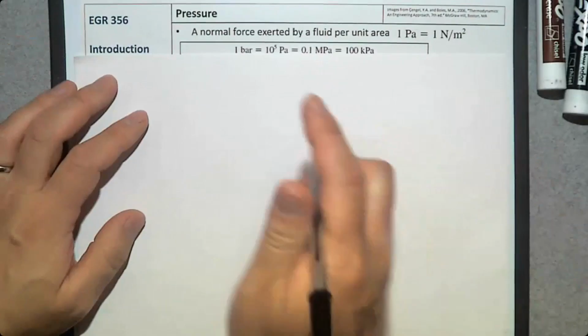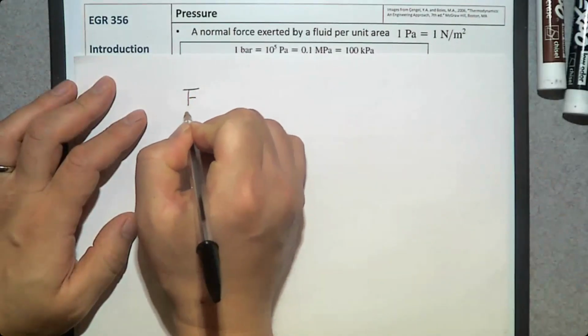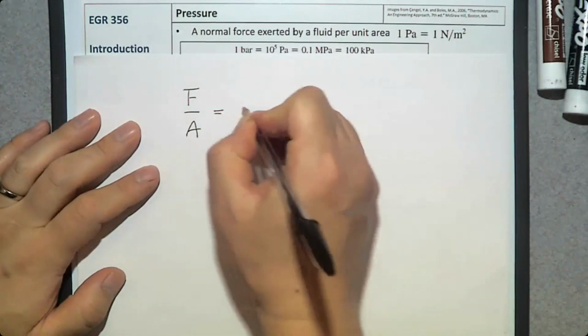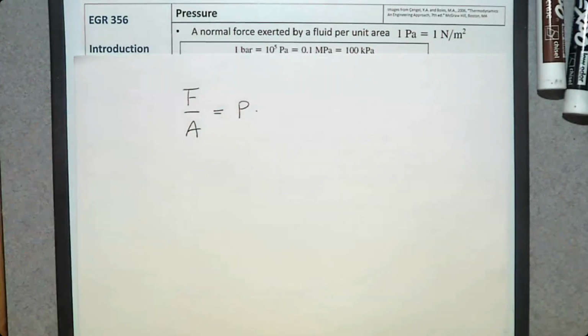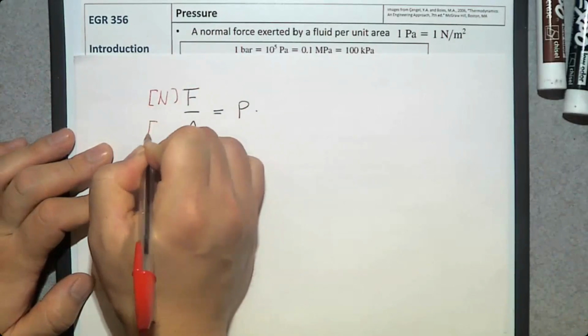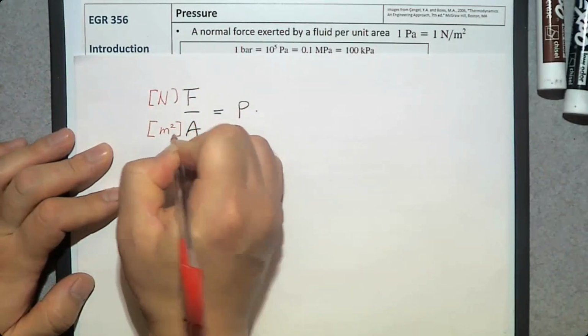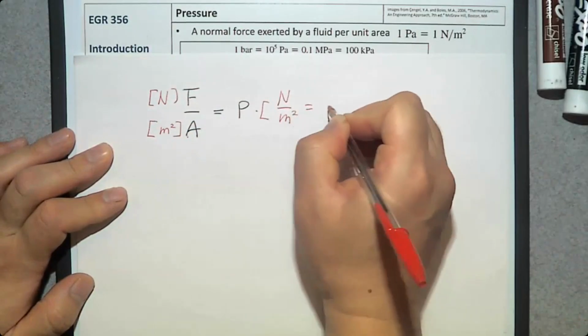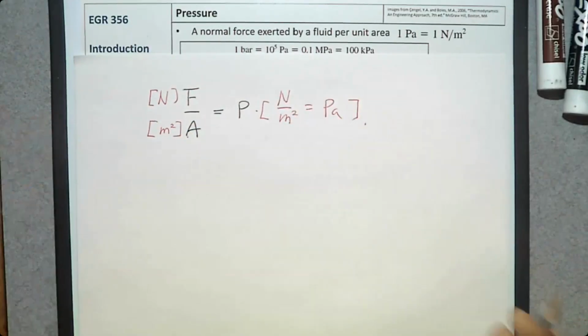Simple. Pressure is force divided by the area the fluid is covering. What is the unit of force? Newton. What is the unit of area? Meter squared. So pressure is going to be Newton per meter squared, and we have a new unit, Pascal.